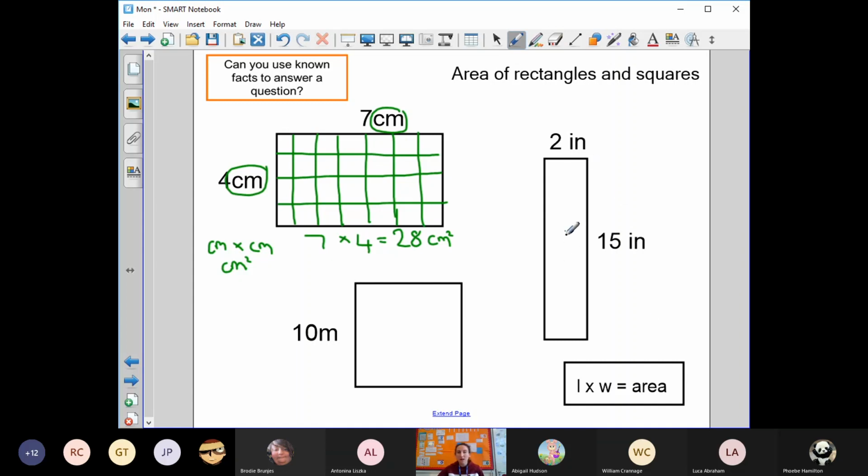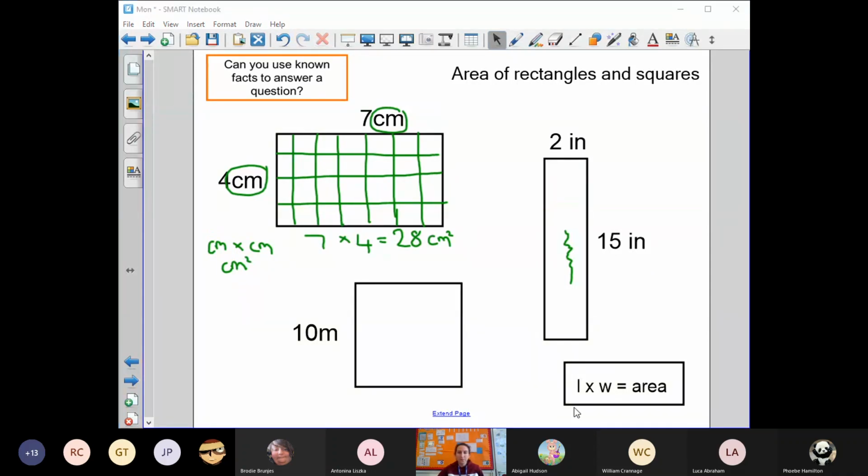So what about this shape here? Can you please work out what this shape here would have as its area? What would be the area of that rectangle there? So it's in inches this time, so I'm doing inches times inches.